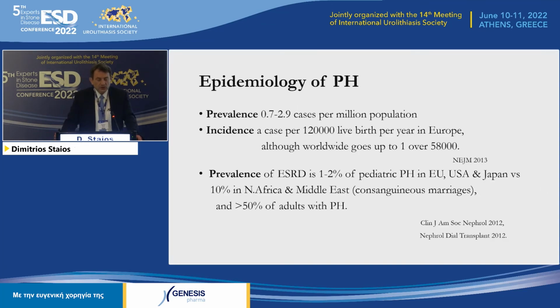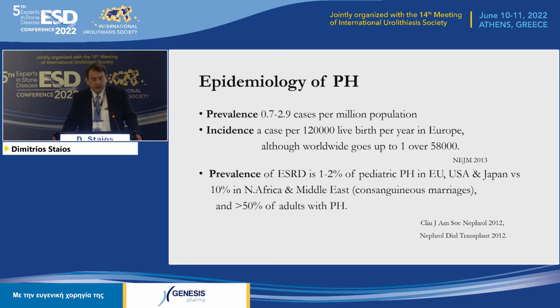So the epidemiology: the prevalence is about 1 to 3 cases per million patients. It's one case per 120,000 live births in Europe, although worldwide this increases to one case per 58,000.